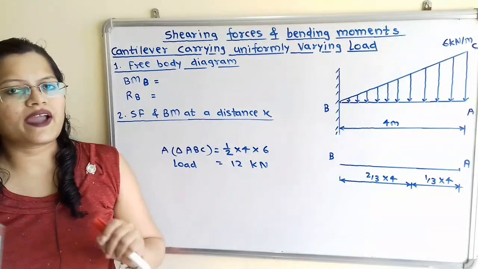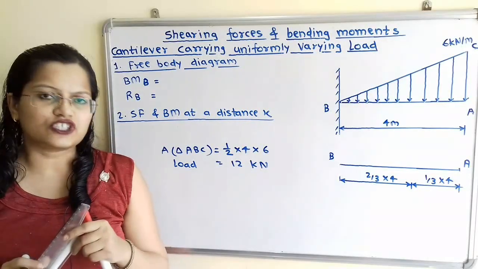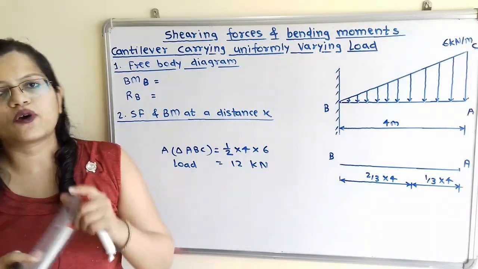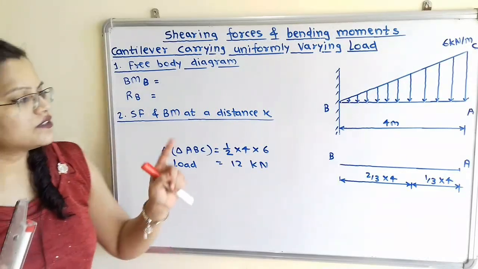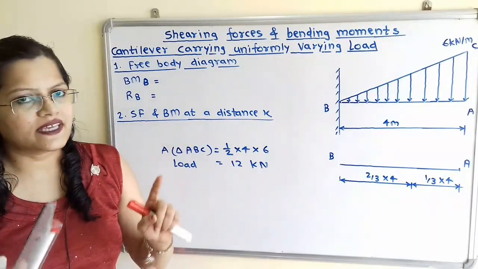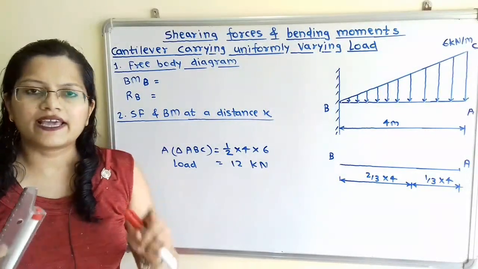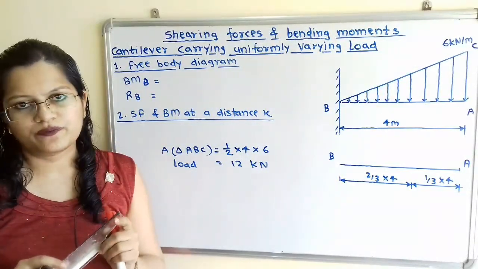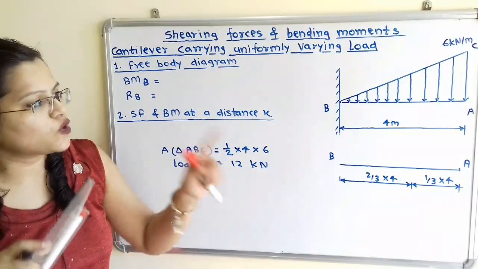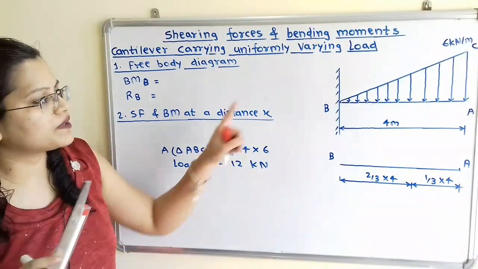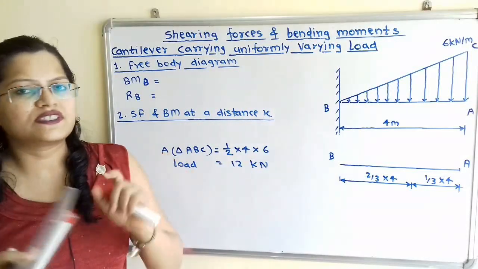Now we have to find out the point of application of this load, that means the center of gravity point. We know that it is at a distance of 1 by 3 multiplied by the total length from the maximum load, and it is at a distance 2 by 3 multiplied by the total length of the cantilever from the minimum, that means 0 load.